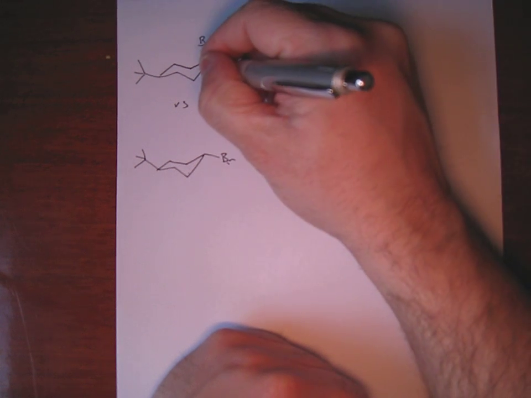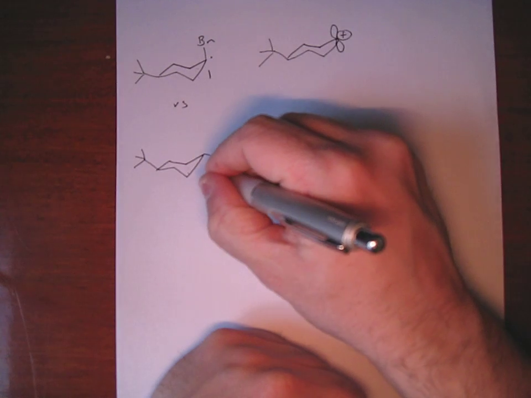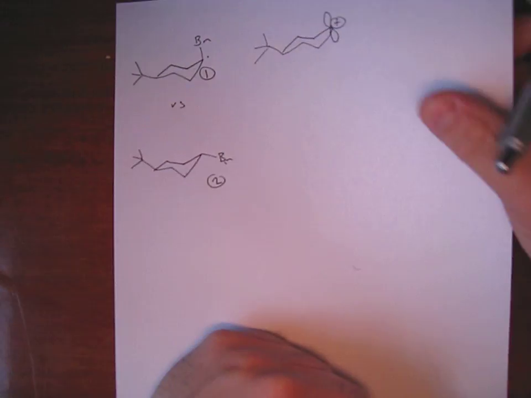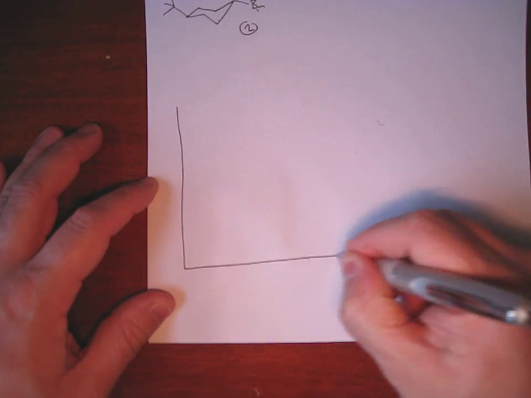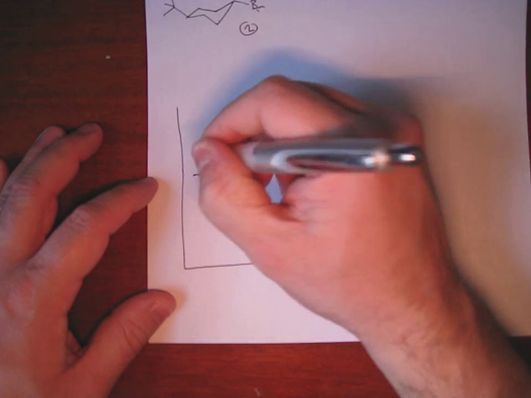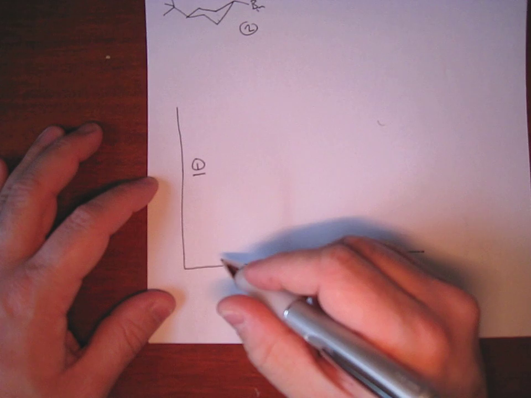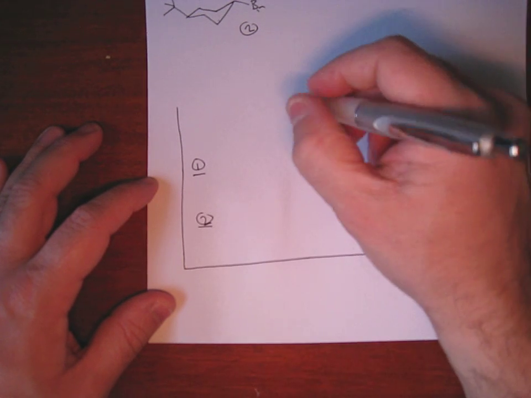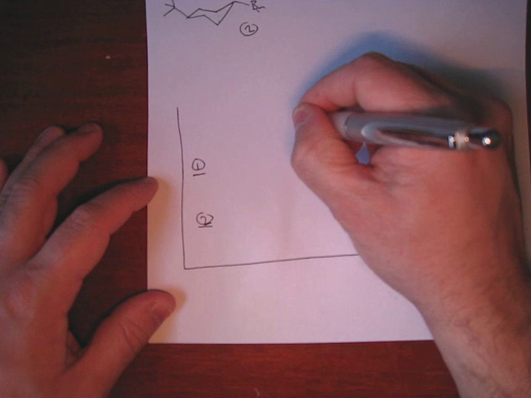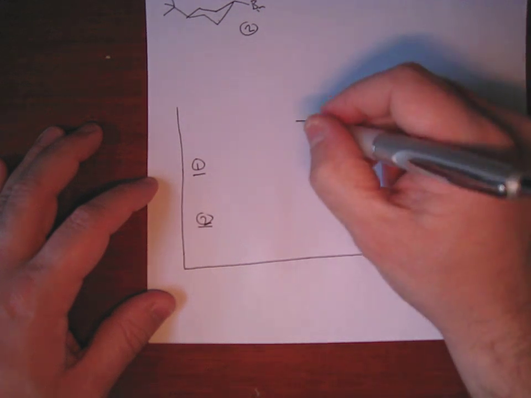So I'm just going to arbitrarily name this 1 and this 2. So if we were to set up a reaction coordinate diagram, 1 is going to be higher in energy than 2. And they will have identical intermediates, which is that carbocation.